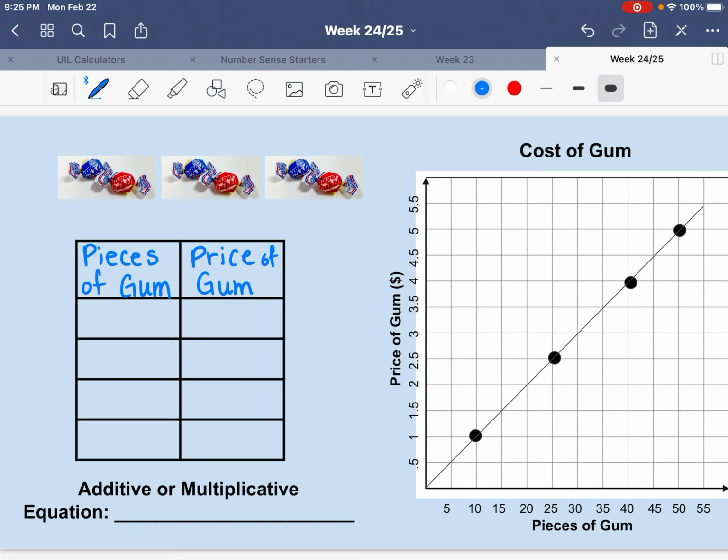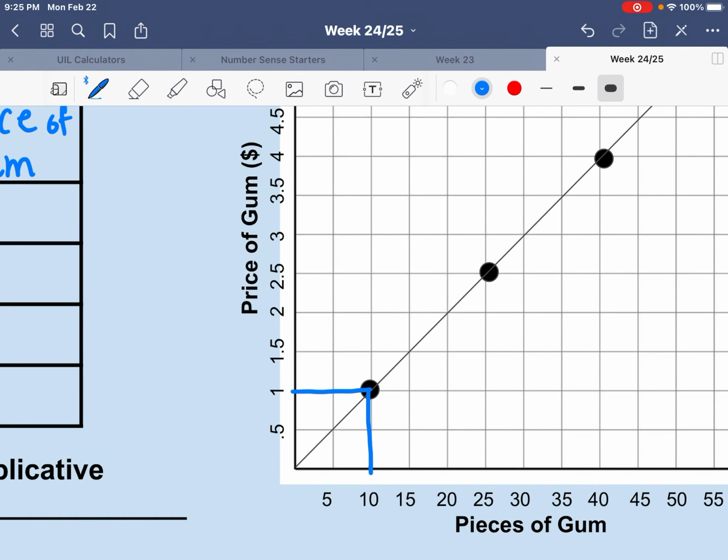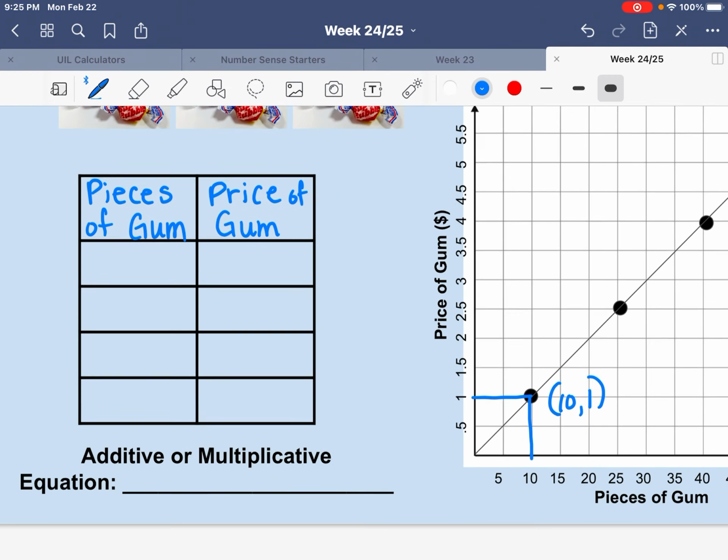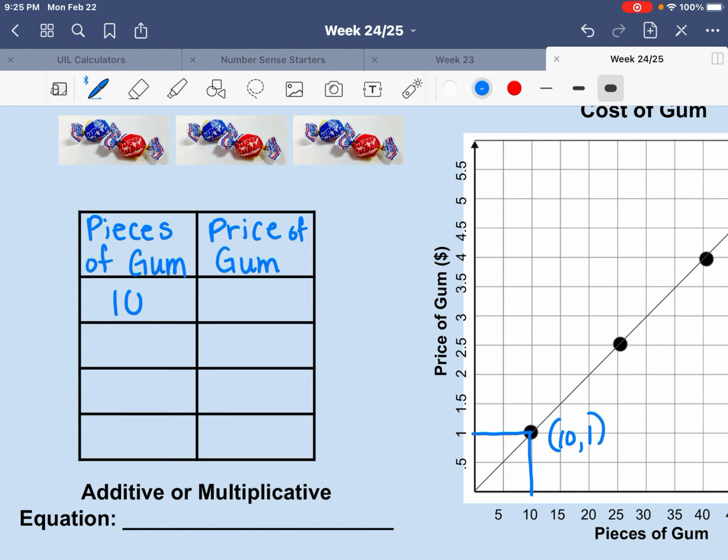So let's look at this graph and let's just use the points that we can see quite obviously on it. The first point would be the point 10 pieces of gum cost $1. So there we go. 10 pieces of gum, $1. If you buy 25 pieces of gum, it costs $2.50.